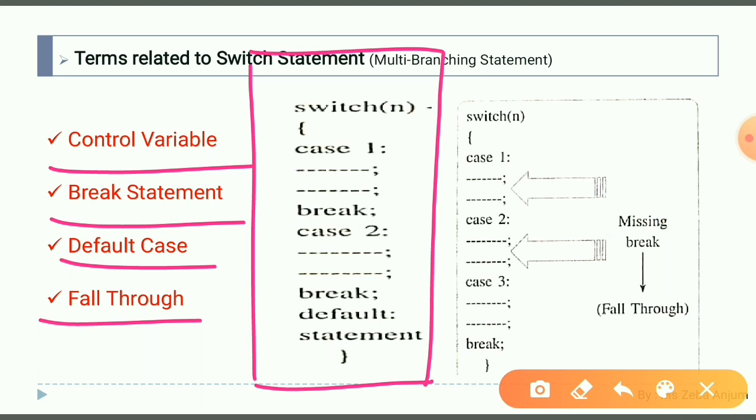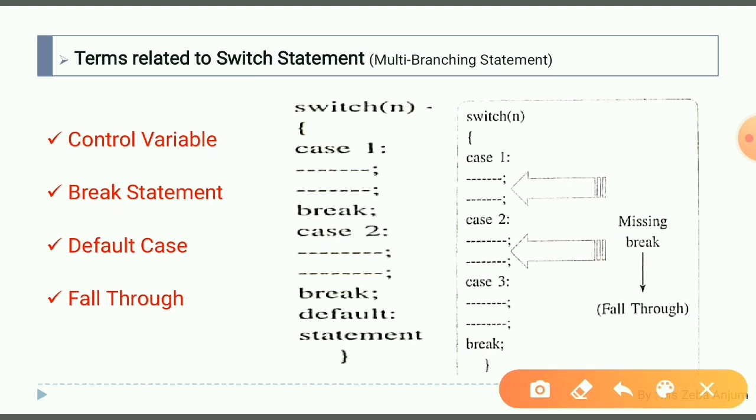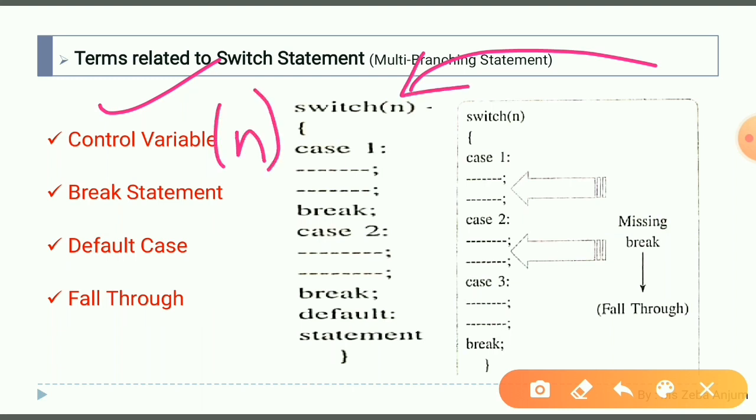Yes, now see over here, we are going to see what these values mean. If we talk about the control variable, by this control variable we mean this condition, the value of n. So n specifies your control variable. It means this n is controlling every case. The value of n will be compared to every case.